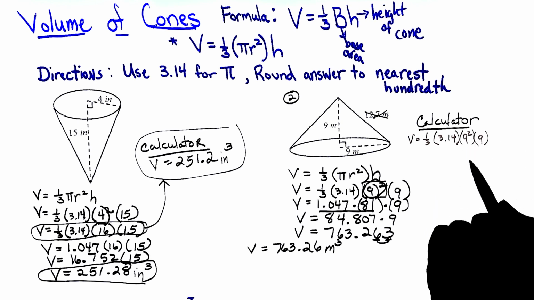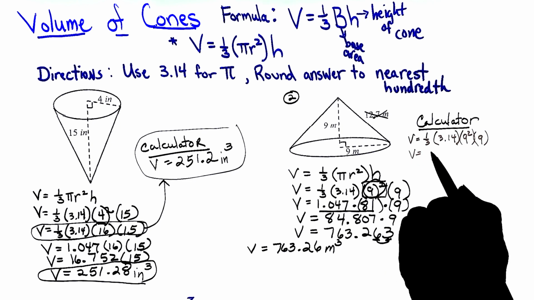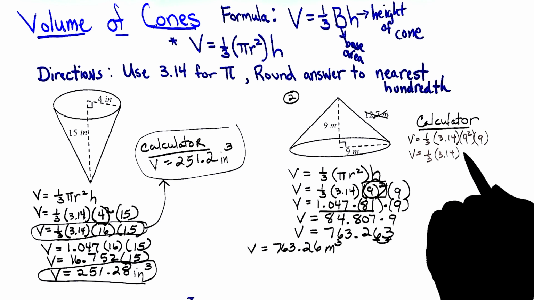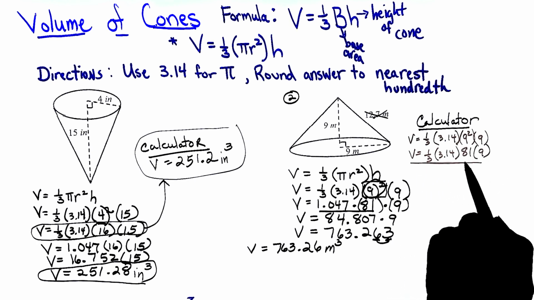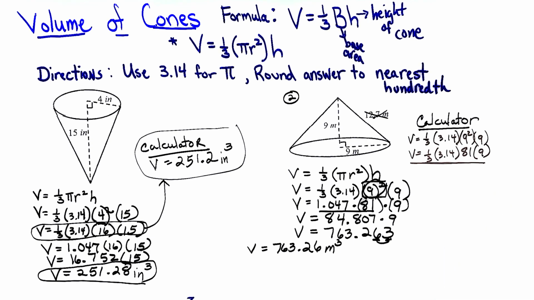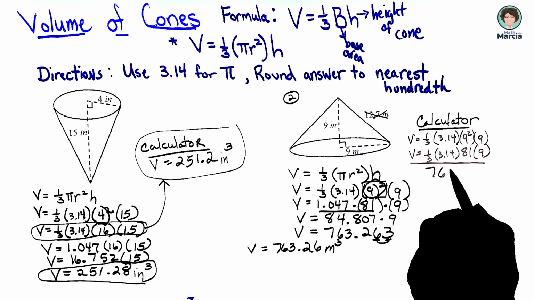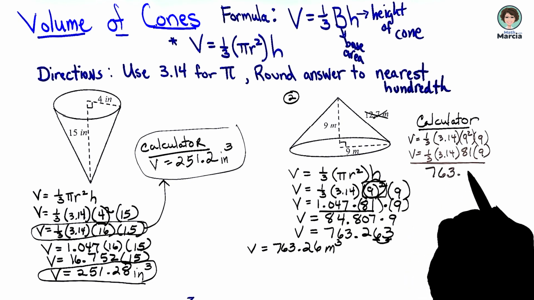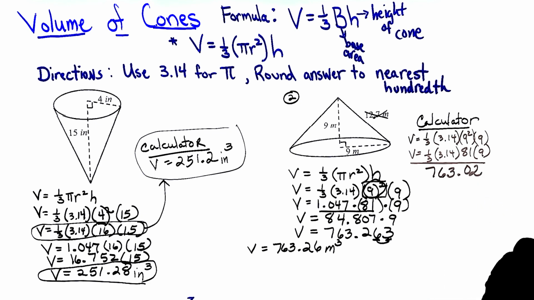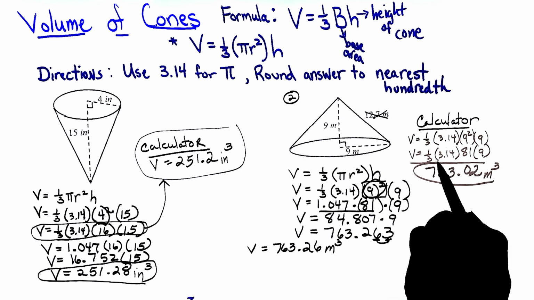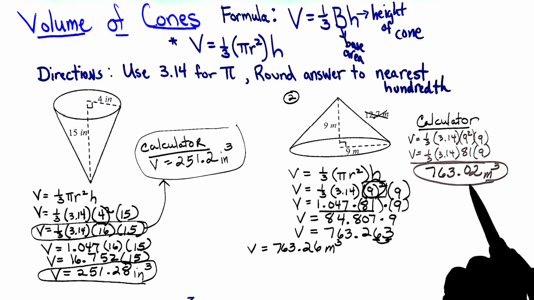Before you get stuff in your calculator, you need to first do 9 squared. So this is what you will be putting into your calculator. And when you put that into your calculator, you end up with an answer of 763 200ths. And again, that would be in meters cubed. So this is using the calculator where the answer is not rounded till the end.